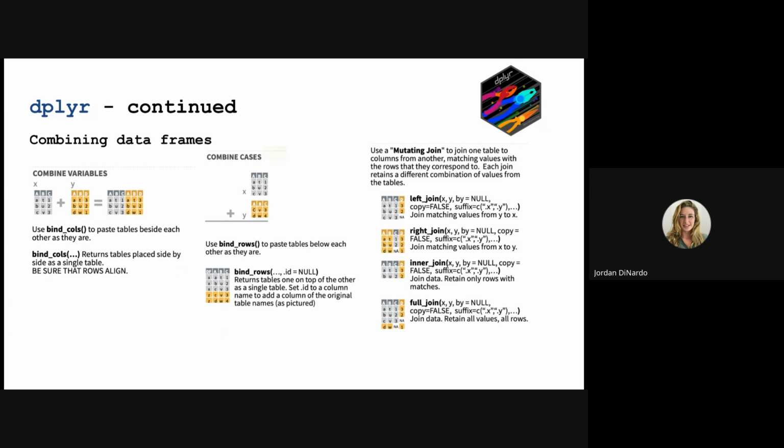You'll have all cases in X and Y combined. Anything that doesn't match will have an NA in those new columns that are being joined from data frame Y. So it really depends on what you want as the output as to what function you'll use here.